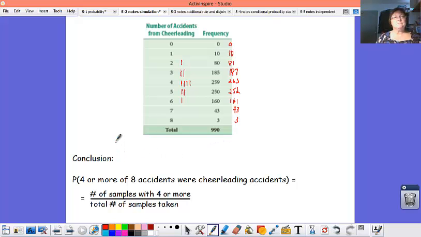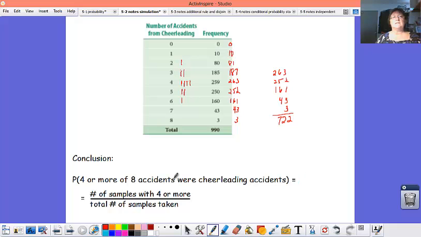My conclusion, well, this is going to help me. I'm asked to find the probability that half or more of my accidents were cheerleading accidents. So based on the results of this simulation, that happened 263, 252, 161, 43, and 3 times, 722 times.